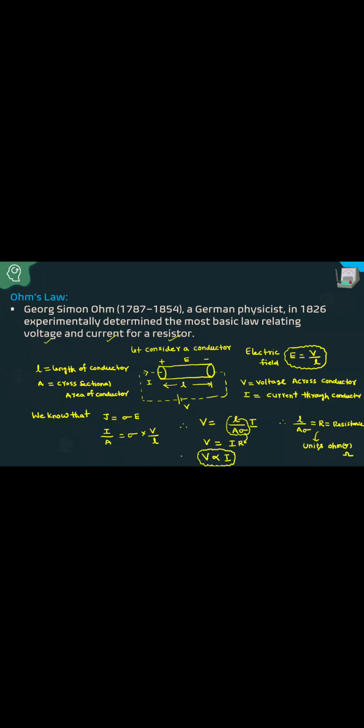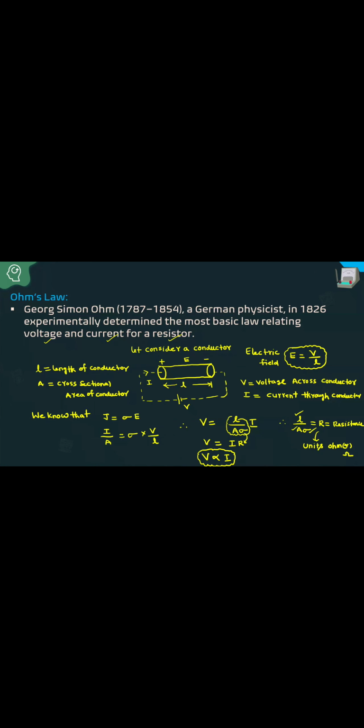What is our observation here, friends? How much resistance is offered by the conductor? The resistance depends on length, area and conductivity. If the length of the conductor increases, resistance increases.